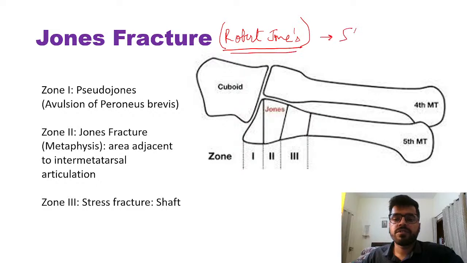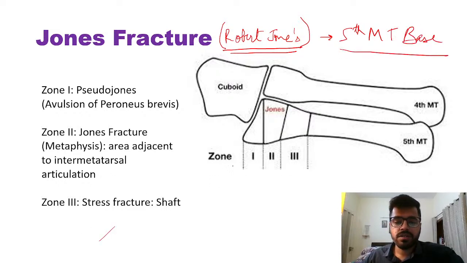It's a fifth metatarsal base fracture that we all know, but that is divided into three parts: 1, 2, and 3. 1 is the part proximal to the metaphysis, the epiphyseal region. 2 is the metaphyseal region. 3 is the diaphyseal or the shaft region. So Jones fracture is the fracture of zone 2, the metaphyseal region fracture.